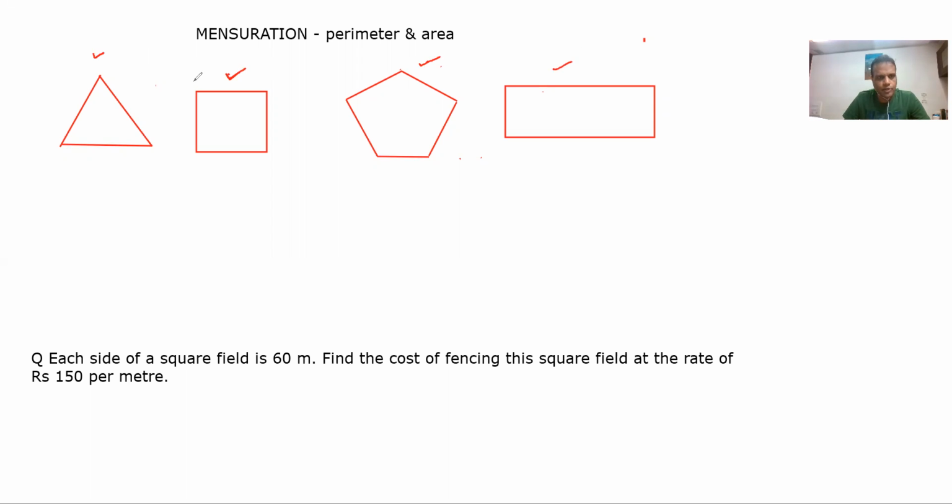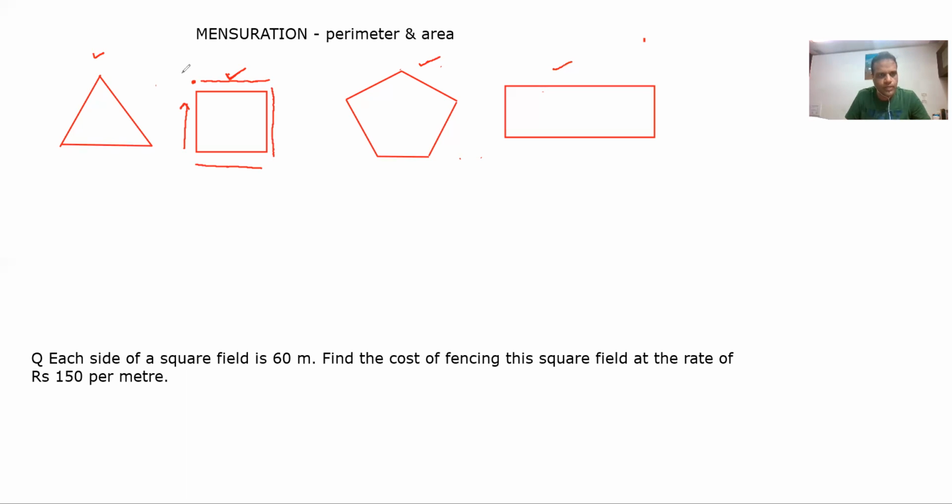You are curious to know, if I'm standing in one corner of the ground and walk across all sides and cover a full round, what is the total distance covered?